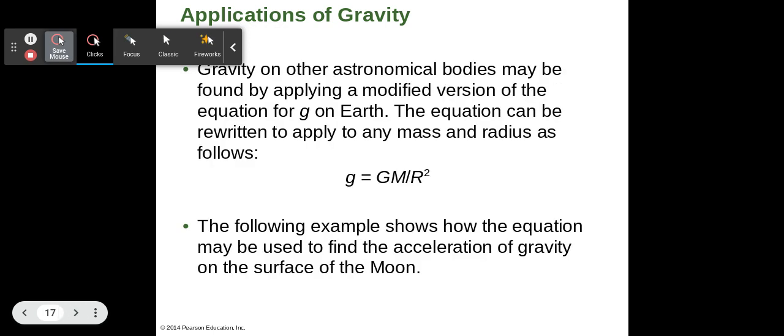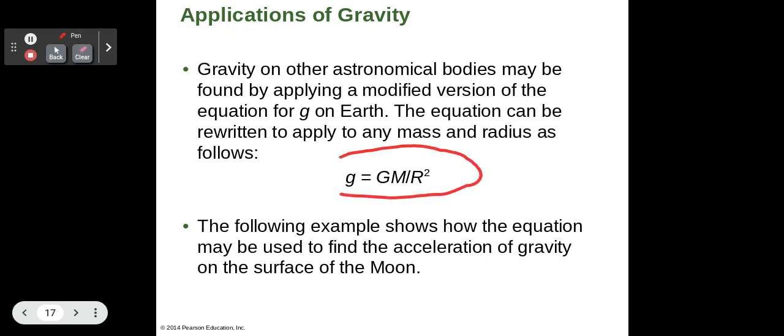So gravity on other astronomical bodies like the moon or Jupiter or Mars or different planets can be found by just tweaking that same formula that we use to find it on Earth. Rather than having the mass of the Earth and radius of the Earth, we're still going to have those three things: the gravitational constant, the mass of whatever object that happens to be, and the radius of that particular object.